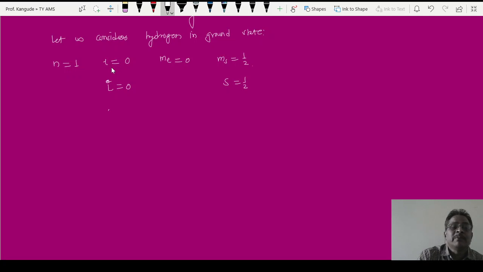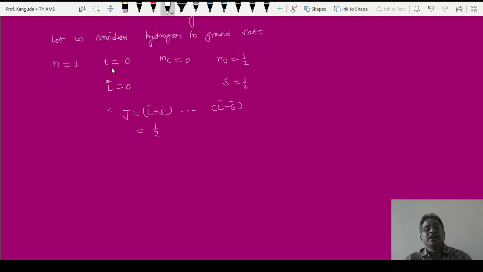Therefore I can get J: the maximum is L plus S, and the minimum is L minus S. Addition gives simply 1/2, and subtraction gives the same value, since one of the components in this vector sum is 0, so there is only one possibility, and J is equal to simply 1/2.